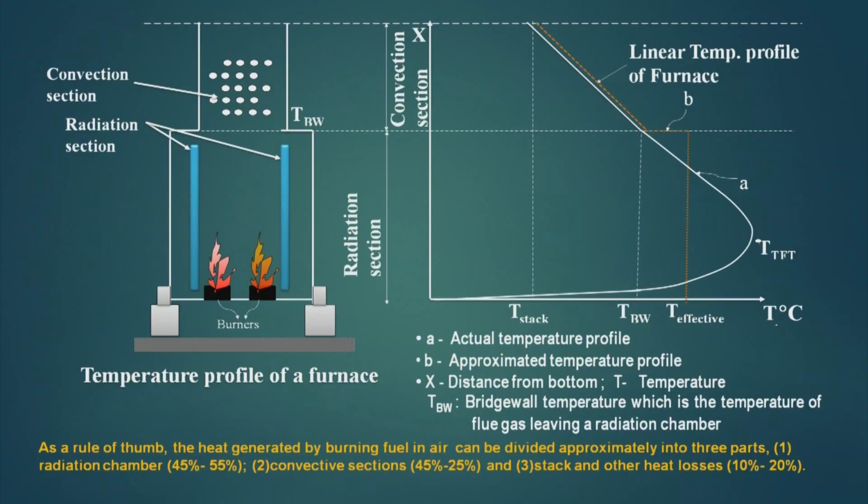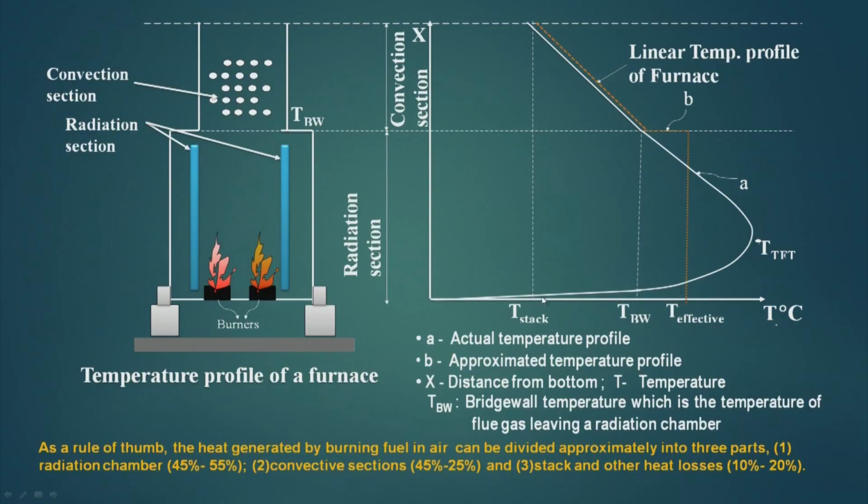Now, if you see the temperature profile of this, we find that the temperature profile is like this. The maximum temperature in this temperature profile is TFT, that is theoretical flame temperature, which is also called adiabatic flame temperature.